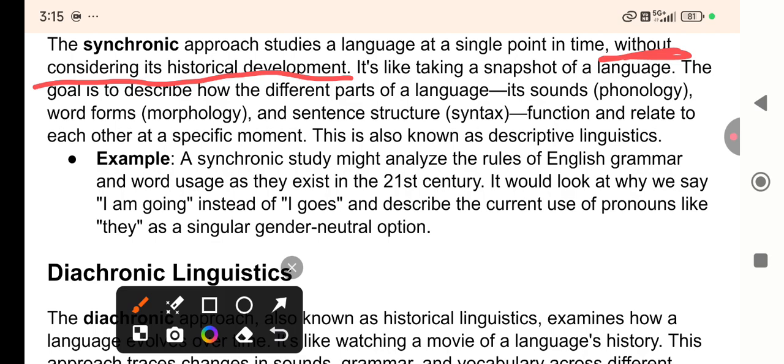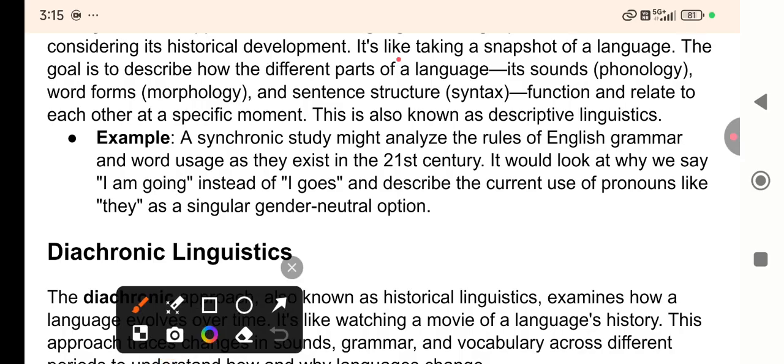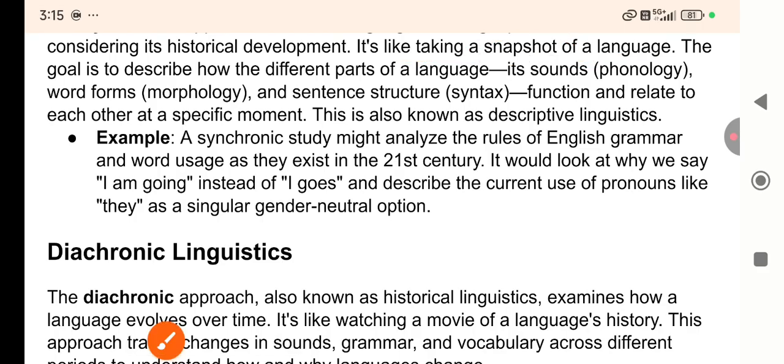It is like taking a snapshot of a language. So when you study synchronic linguistics, you take a very quick snapshot of language, what is going on at that time, and you study that.